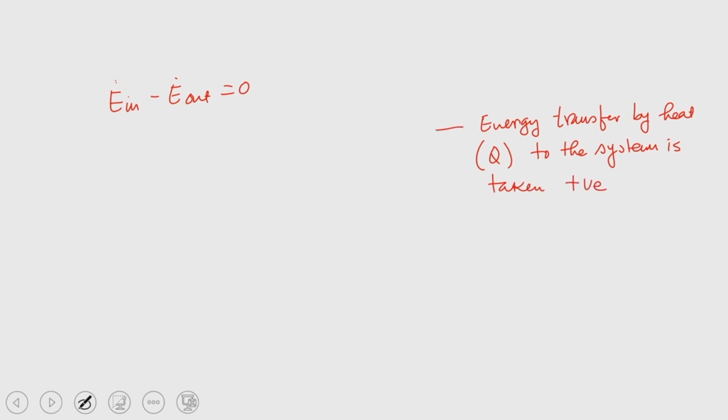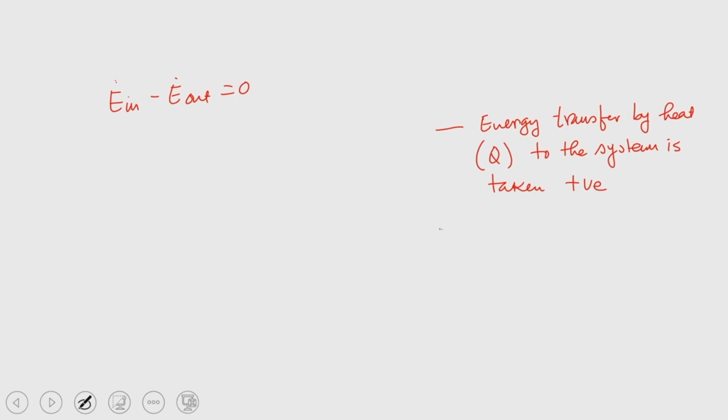So, when there is heat transfer to the system, that is positive, that is the keyword. And if the energy is transferred from the system, following this notation it should be negative.